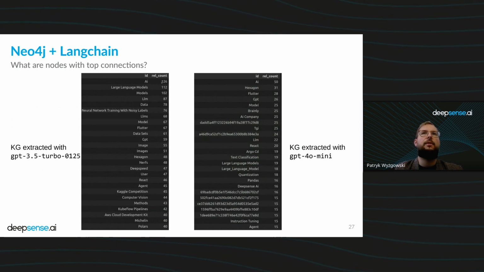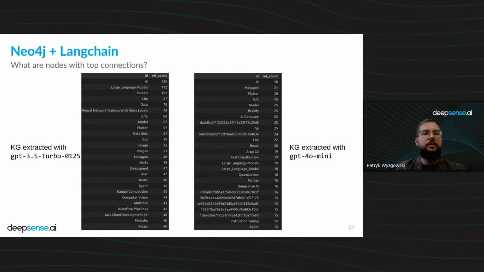This is the number of relations for a particular node. Obviously, large language models and AI are pretty high, but there are pretty surprising topics like Flutter, which also have many connections.